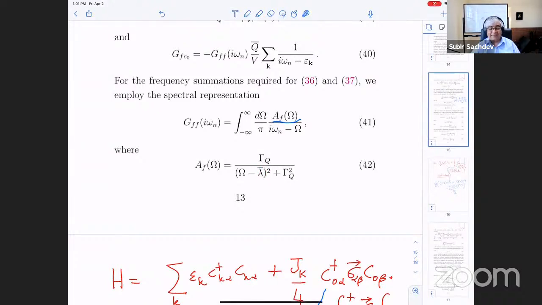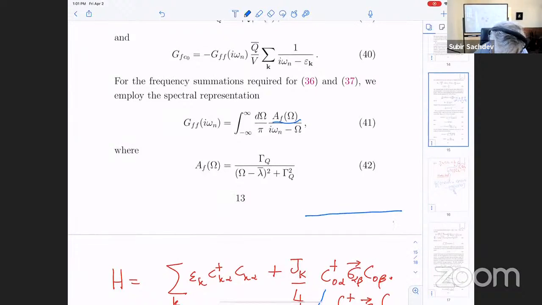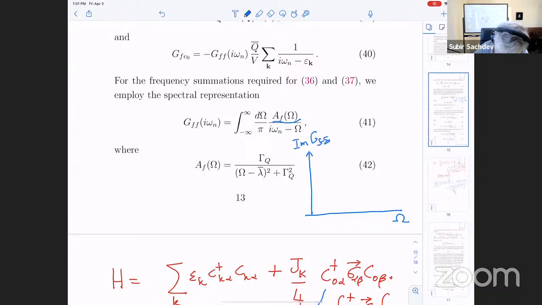Now the integral under the Lorentzian is 1, but you have to have the F band exactly half filled because there are 2 possible spins, and therefore you want exactly 1 electron. So if you look at the density of states on the F sites, as a function of omega, this is GFF.